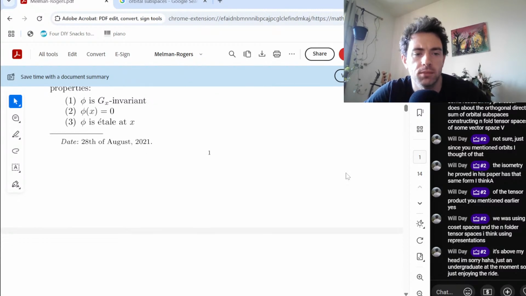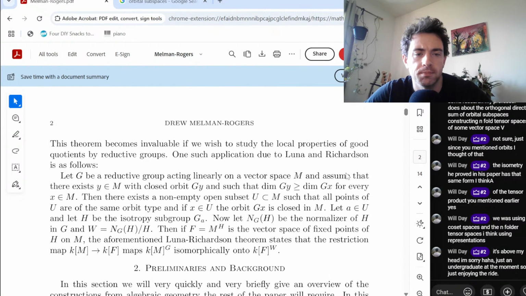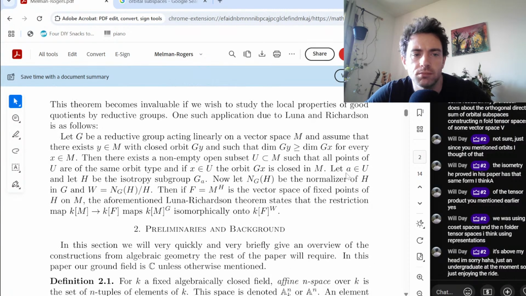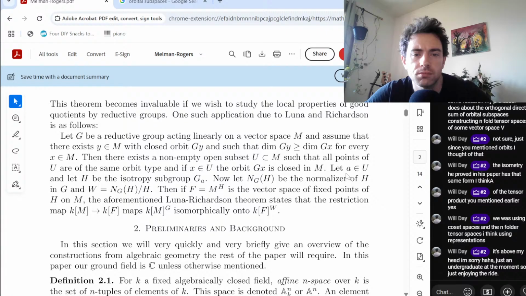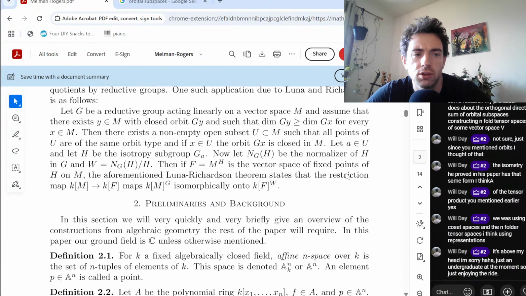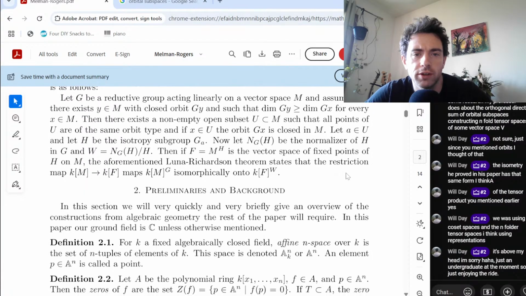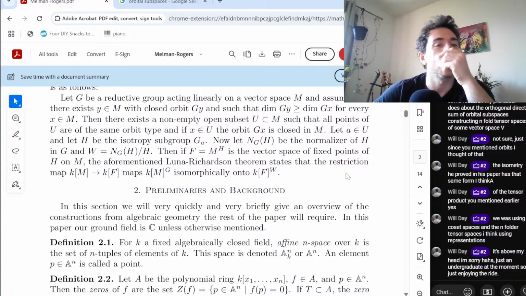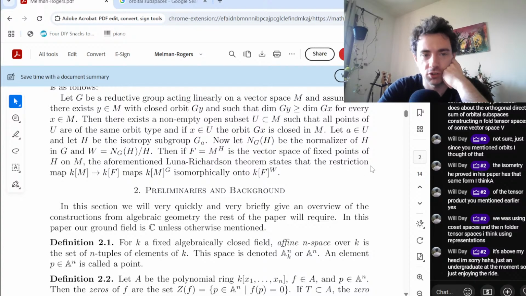What are applications of this? If G is reductive, acts linearly on a vector space, and there's a closed orbit, well, for these orbits there's only one closed one ever, and it's always the zero matrix, the origin.